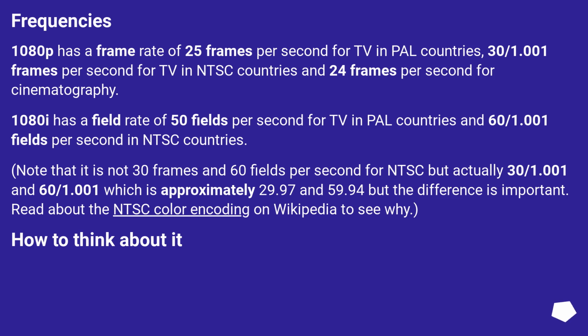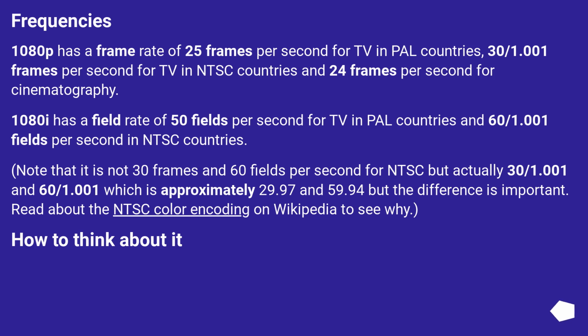Note that it is not 30 frames and 60 fields per second for NTSC but actually 30.001 and 60.001, which is approximately 29.97 and 59.94, but the difference is important. Read about the NTSC color encoding on Wikipedia to see why.